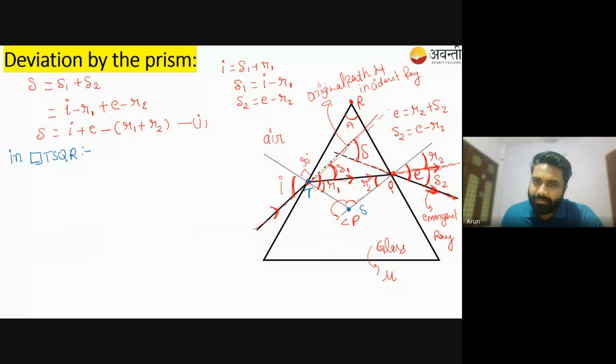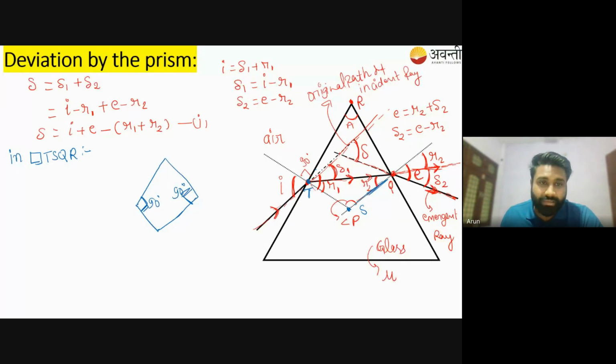There we have multiple angles in this quadrilateral. These lines are normals, SP and TS. Observe in this diagram, TS and SP are nothing but the normals to these surfaces, so these angles are 90 and 90.